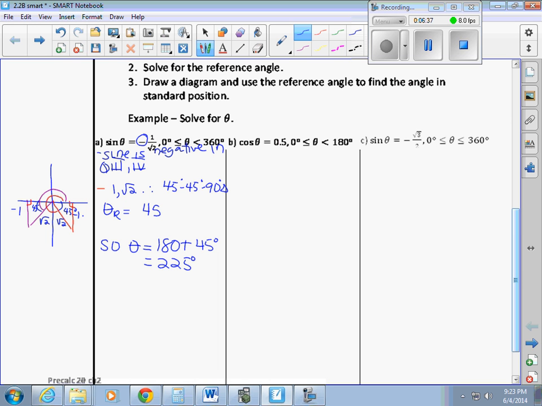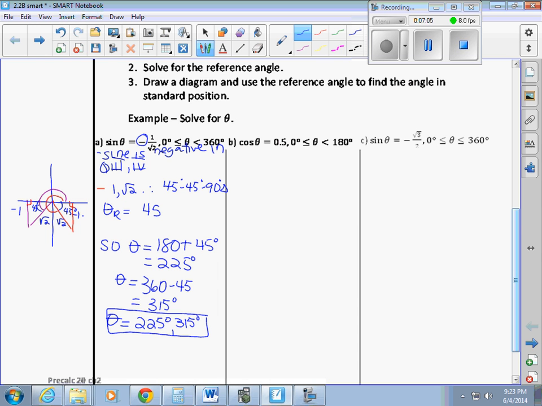In quadrant 4, I have to go from 360 and back 45. So 360 minus 45, so that means this equals 315 degrees. So if my solution is theta is equal to 225 and 315, put your box around there so I know that's your solution.